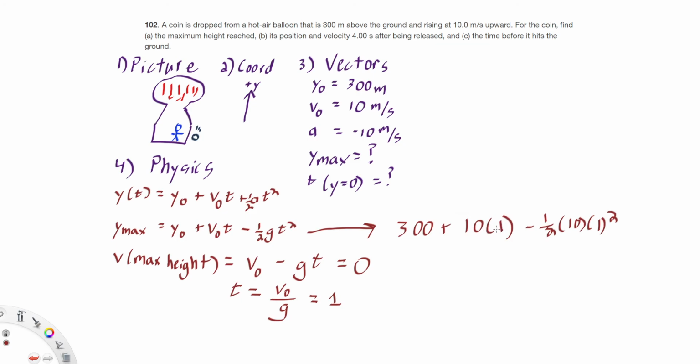Right, so our second term is 10. Our third term is 5, so minus 5. So this whole height is going to be 305 meters. All right. Any questions on part A here?